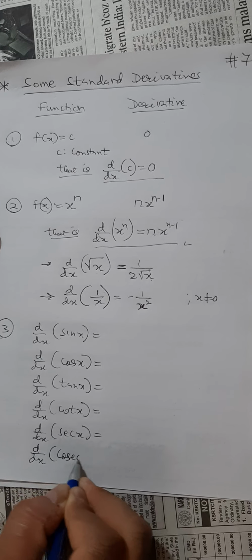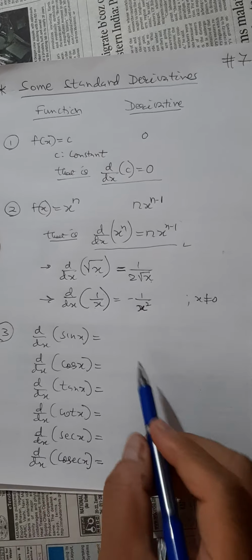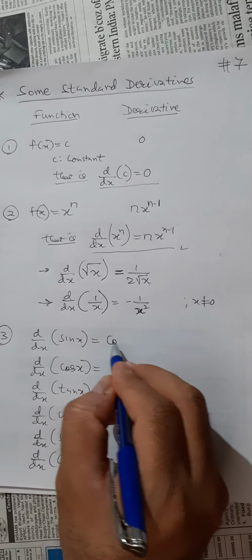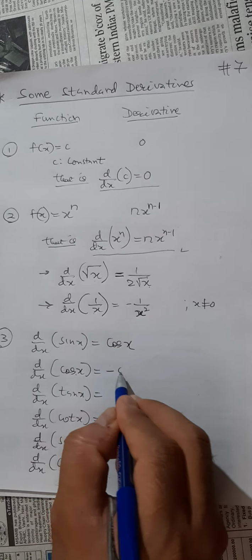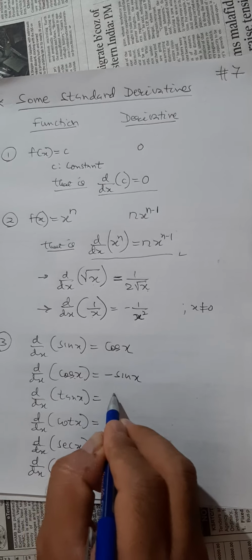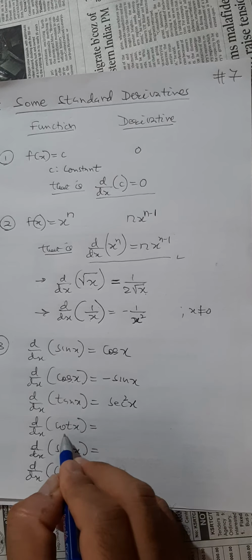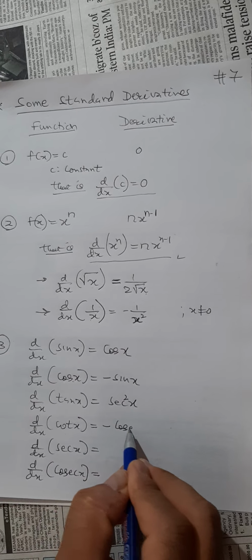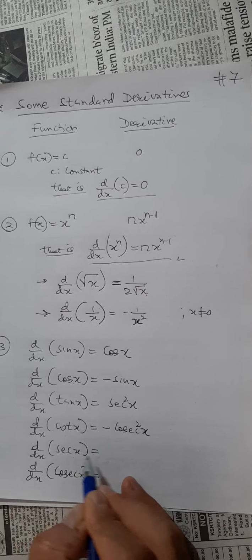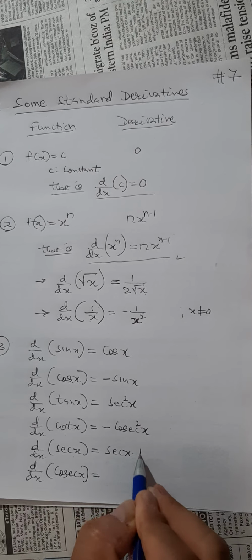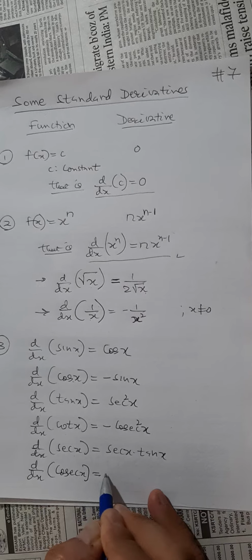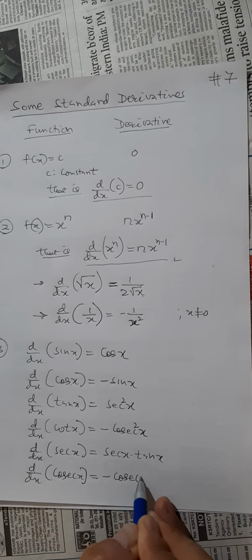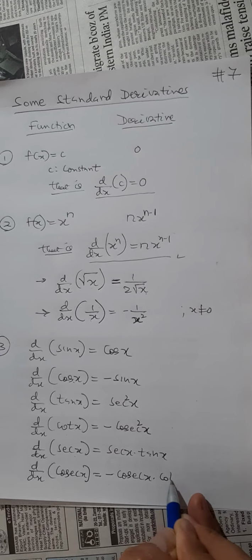Standard trigo functions. You know all this. Derivative of sine, you know, cos x. Derivative of cos, you know, minus sine. Derivative of tan, you know, sec square. Derivative of cot, minus cosec square. Derivative of sec x is sec x into tan x. And derivative of cosec x is minus cosec into cot.